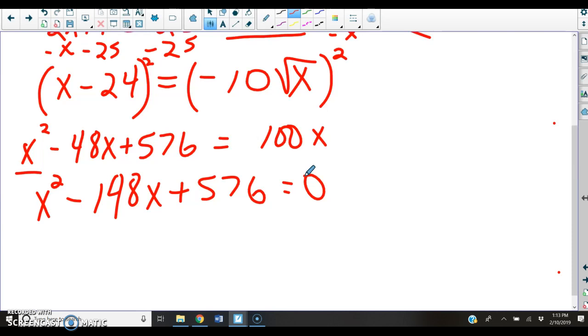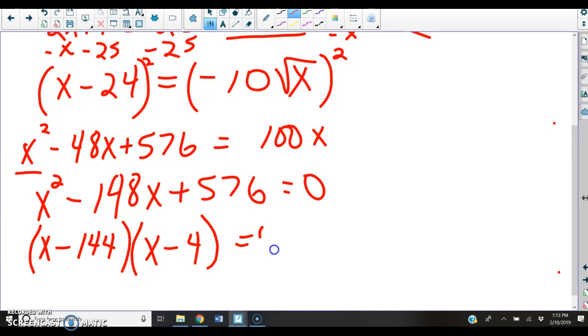I'm going to check quick. I'm right. So this will factor to x minus 144 and x minus 4 equals 0. So I have x equals 144 or 4.